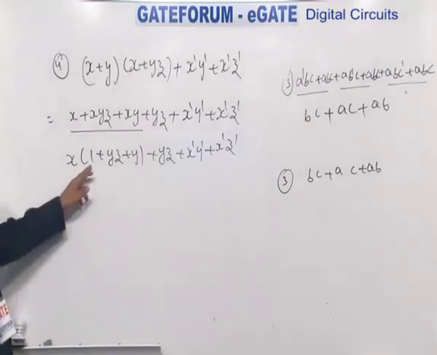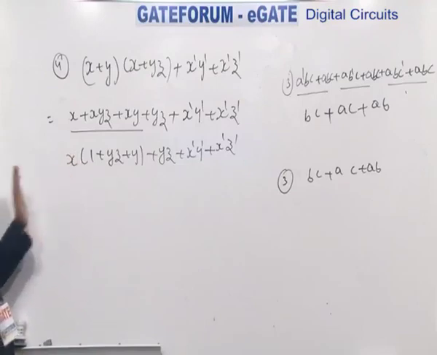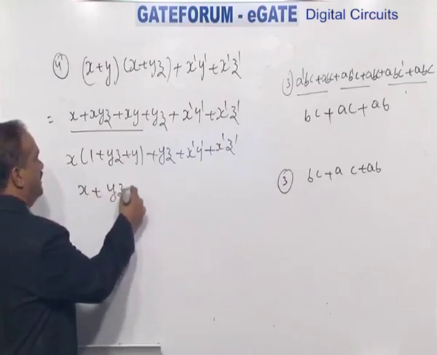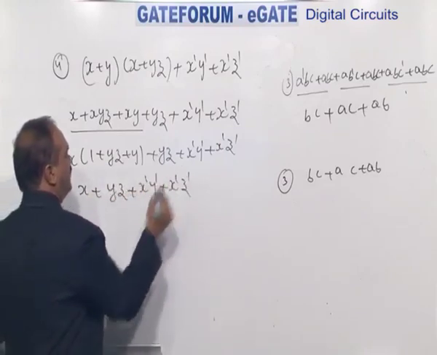And remember, 1 plus something is always 1. So you will get only 1 here. So then you will get x plus yz plus x bar y bar plus x bar z bar.